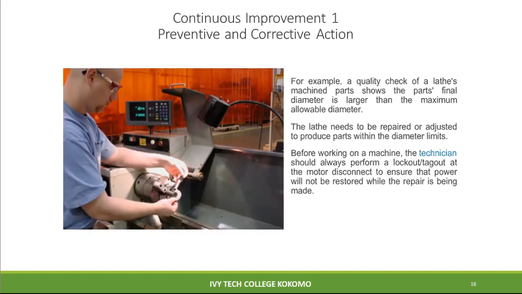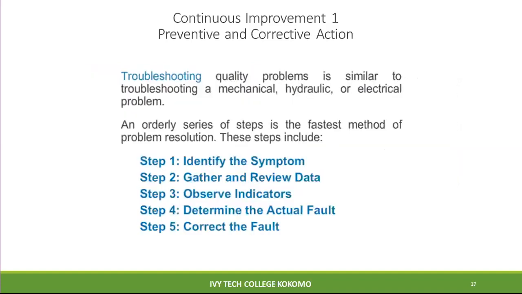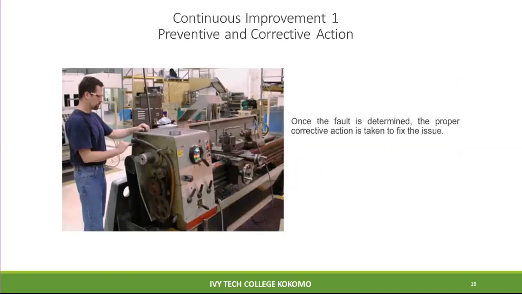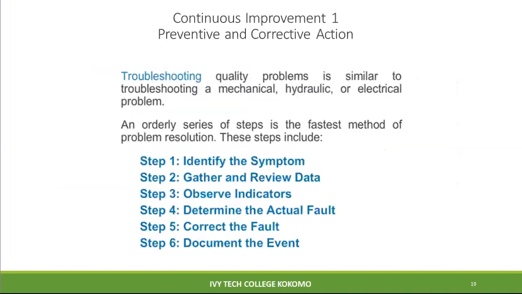Okay. And always before working on a machine, make sure you provide safety equipment and lockout tagout so no one gets hurt. Then, step 5, correct the fault. Make sure that the fault has been identified correctly, and then you fix it. And then you take the next step, which is to document the event.